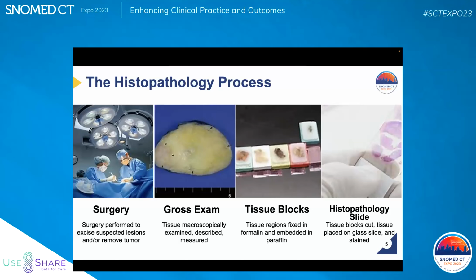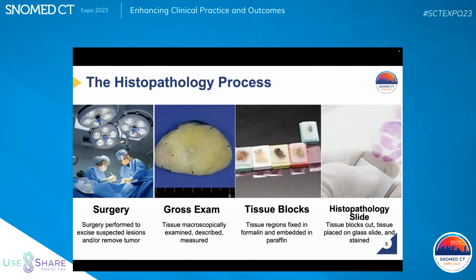Once that's done, it's sent to our histology lab, and they take these pieces of tissue and run them through a series of baths and embed them with paraffin. So these are pieces of tissue infused with paraffin wax.